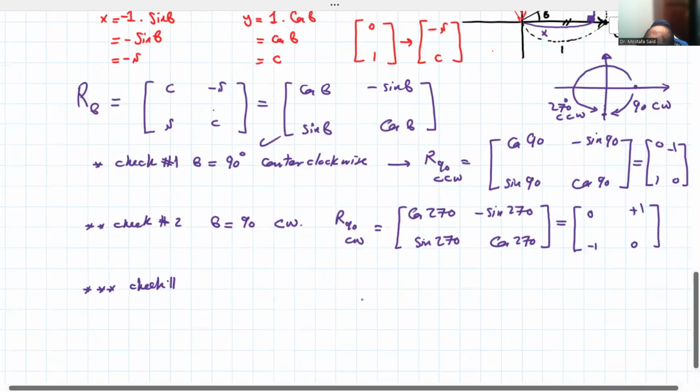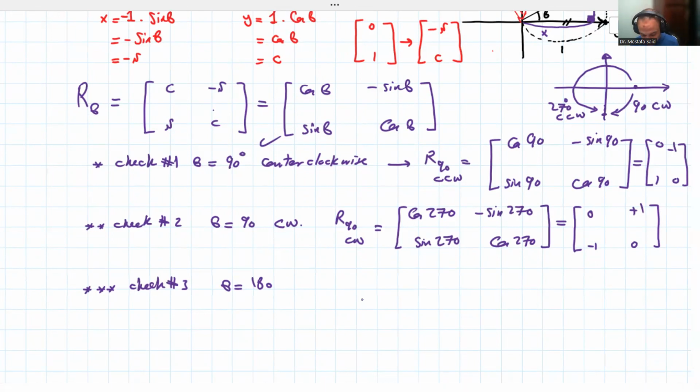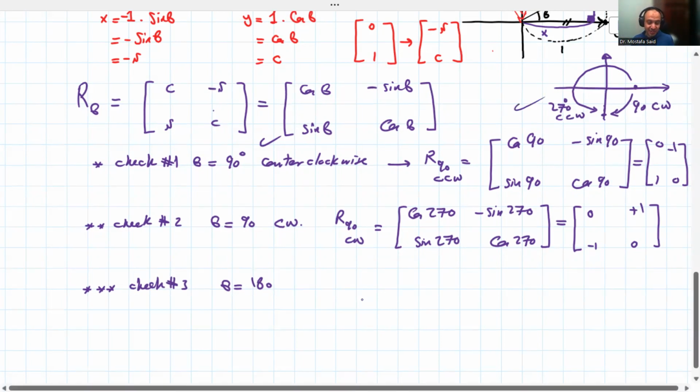Theta equal to 180, and here clockwise equals counterclockwise. There is no reason to say which, because rotation by 180 degrees clockwise is equal to rotation by 180 degrees counterclockwise. We did this before. You can do it in the same way as we did with 90 and 270.